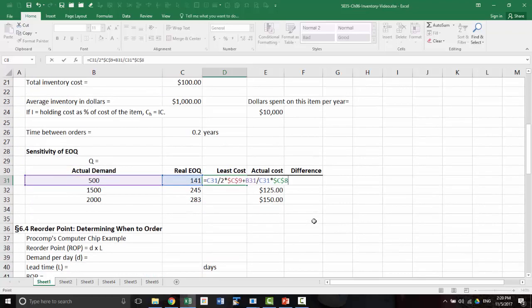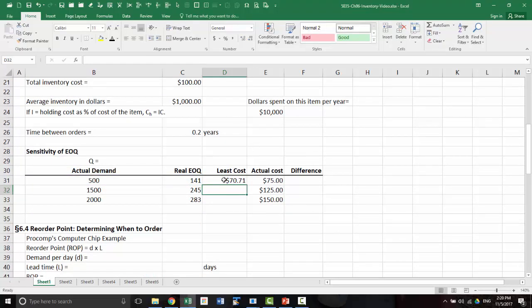Ordering cost, I'll absolute reference that. So that would have been the least cost.